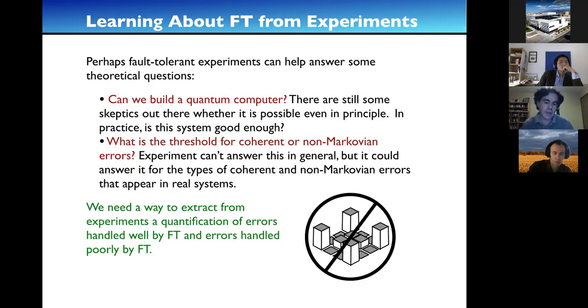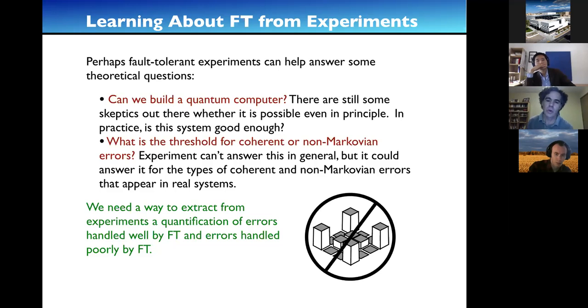Yeah, so another thing that's really exciting, I think, about this possibility of fault-tolerant experiments is that, normally when people do quantum computing experiments, what they're learning about is how to build a quantum computer. And the demonstrations, when they run some algorithm or something like that, are not really telling us anything new, except that this system actually is controlled well enough to do this experiment, right? But fault tolerance experiments are starting to get beyond that.